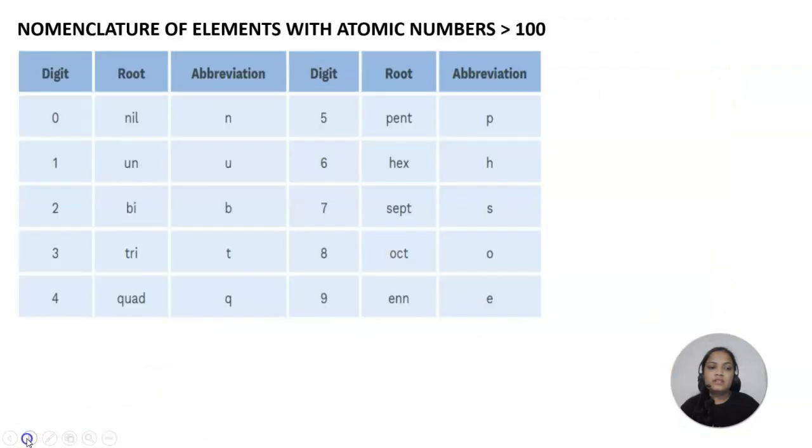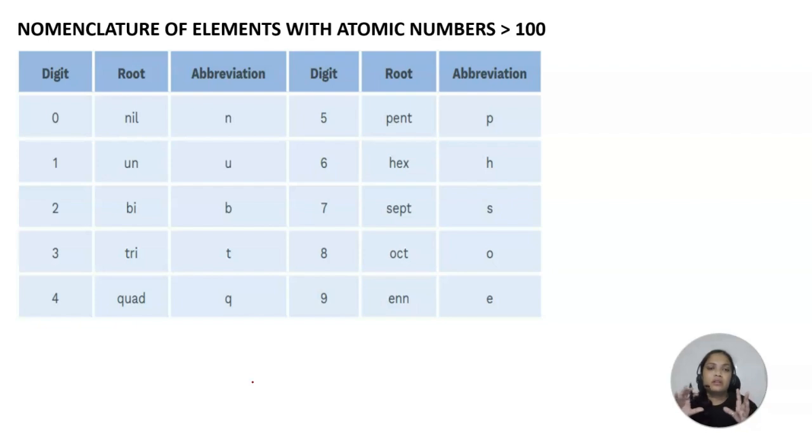So now students, let us talk about the nomenclature of elements with atomic number more than 100. Earlier what was used was the name given by whoever discovered the element, because after atomic number 100, mostly the elements are man-made. So based on the discoverer, the name was written, but there were certain controversies about who discovered the element.